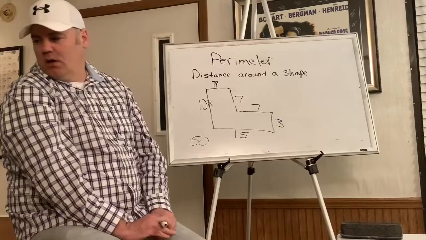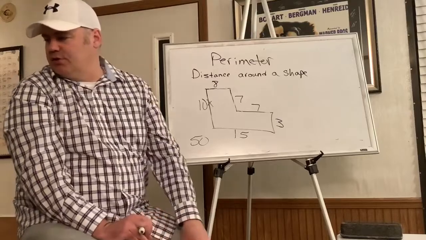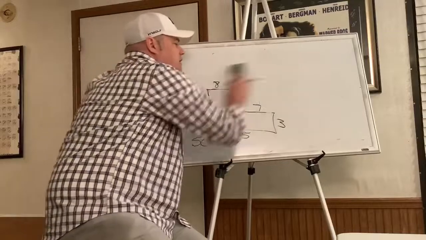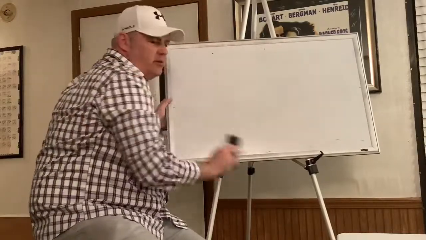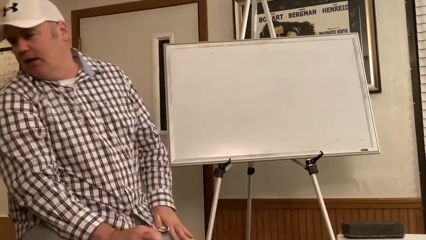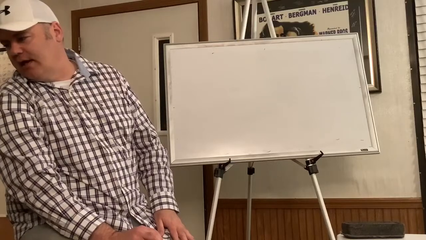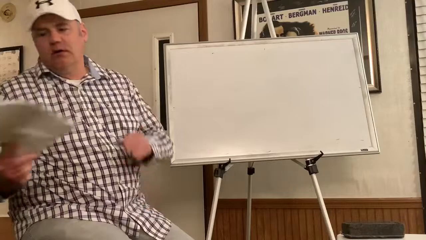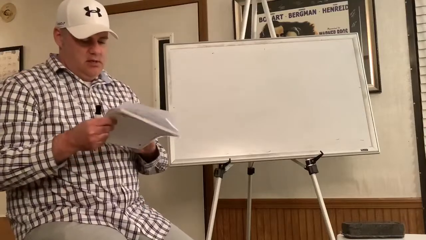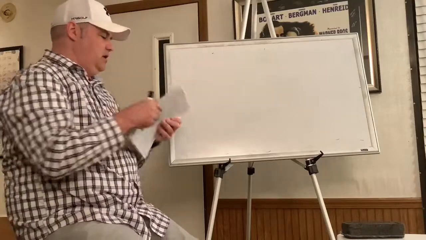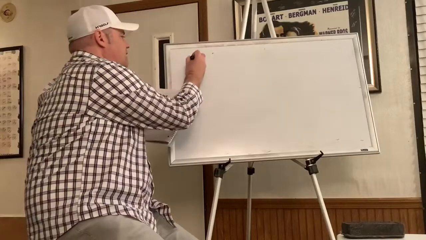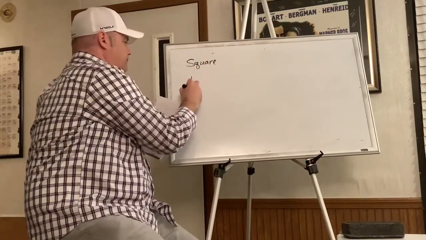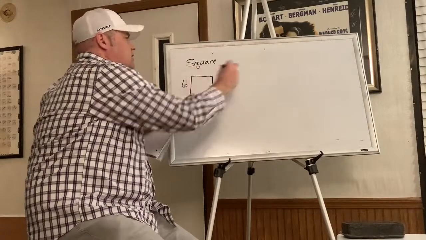All right. So what I want you to do is take a picture of your notes. And I'm going to put a few perimeter problems up here real quick and have you do those just so you can try these. Find the perimeter of these shapes. I want you to find the perimeter of this square. That's 6.